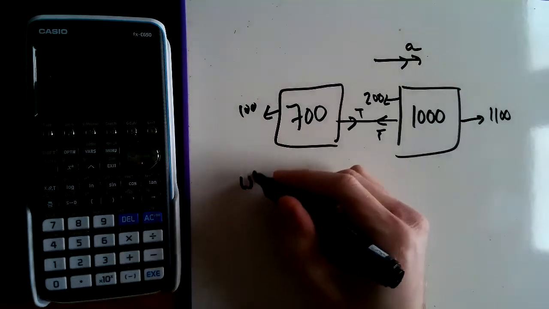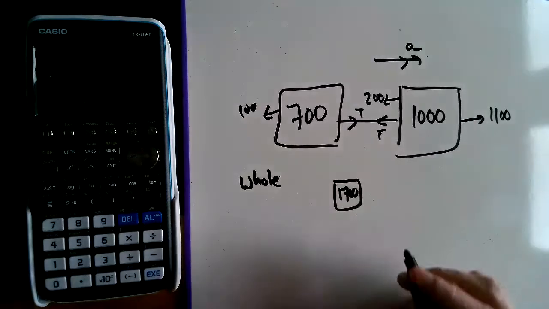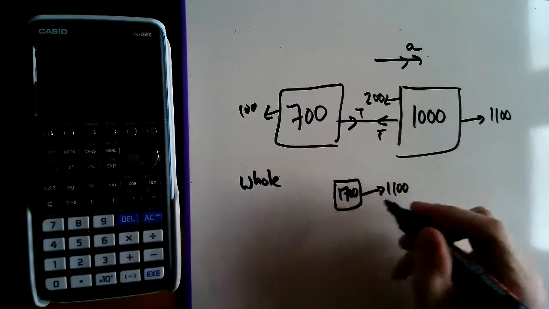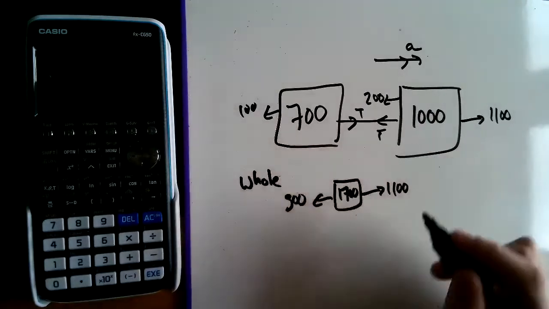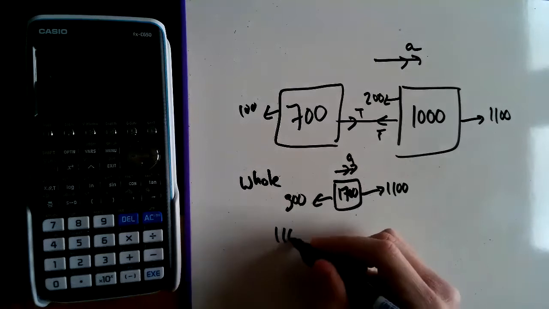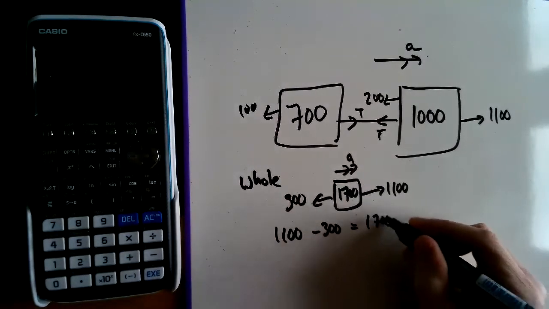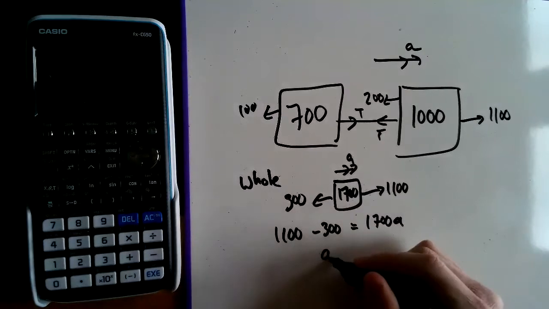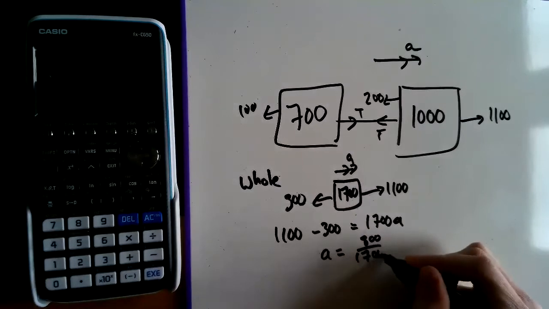So let's look at it as one whole thing. So 1,700 kilograms. 1,100 pulls it that way, 200 and 100, so 300 pulls it back. Tensions cancel out, and we've got a going that way. So we have 1,100 take away 300 equals 1,700 a. So a is 800 over 1,700.